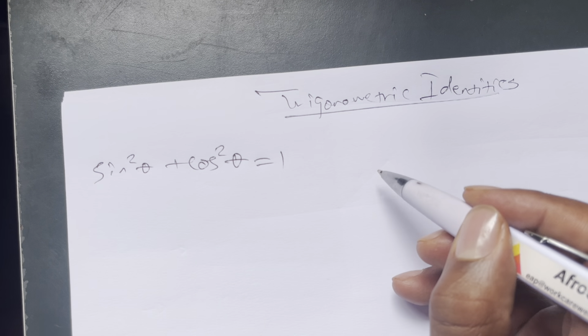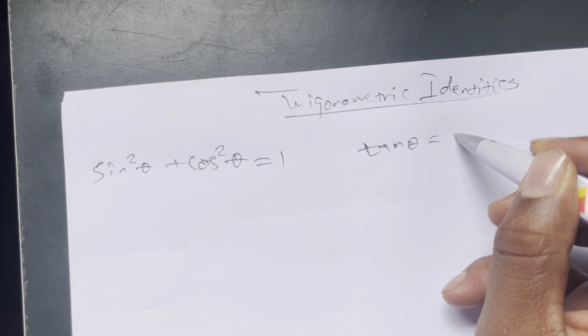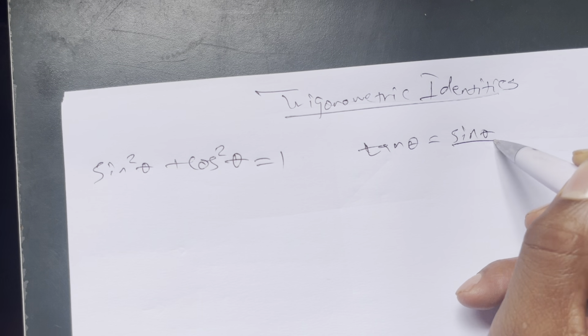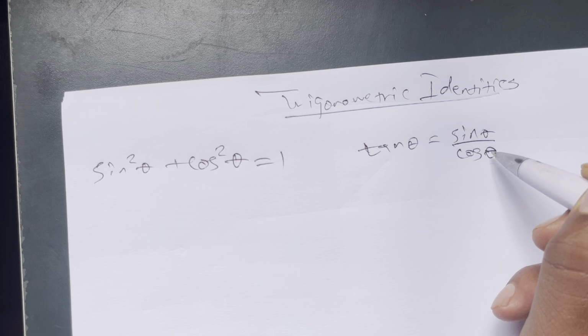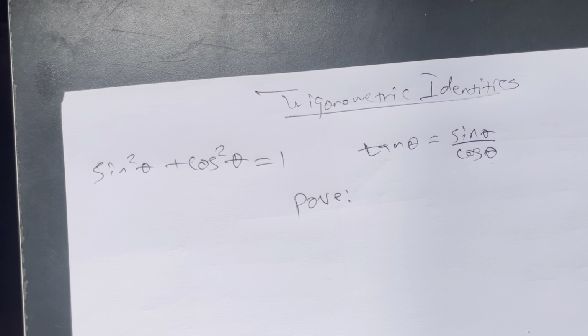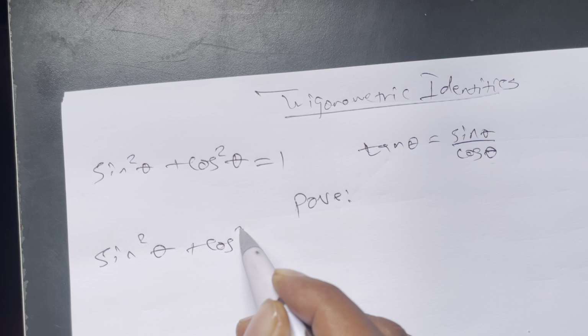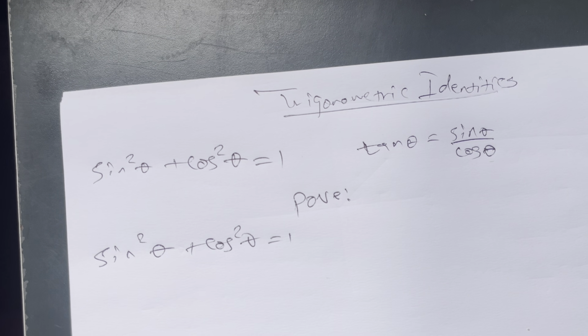And we know that tan theta equals sine theta over cos theta. Now let's prove these identities. Prove that sine squared theta plus cos squared theta equals 1.